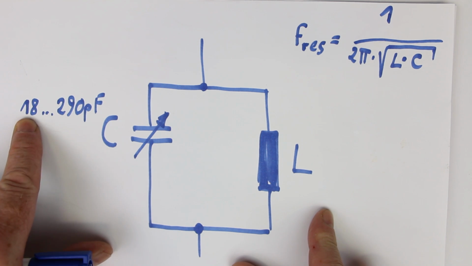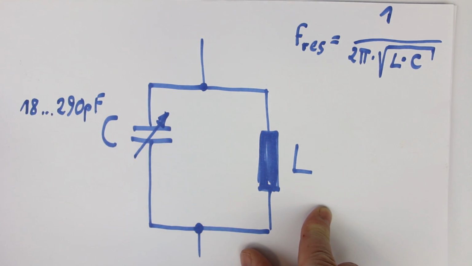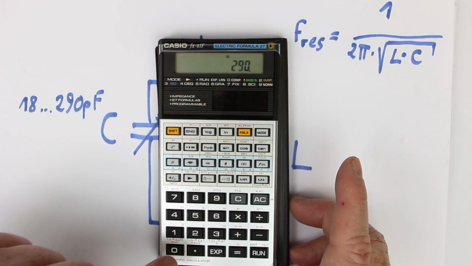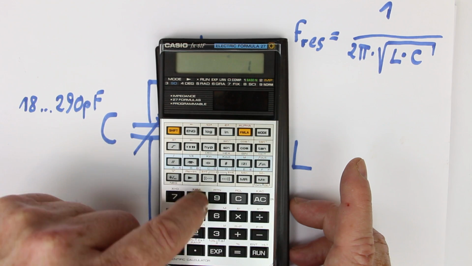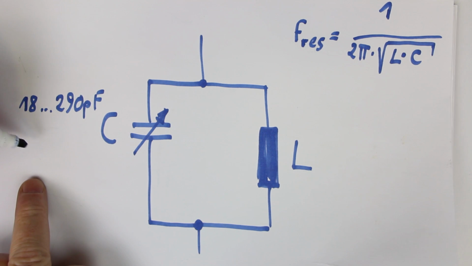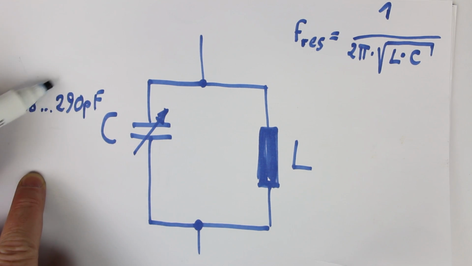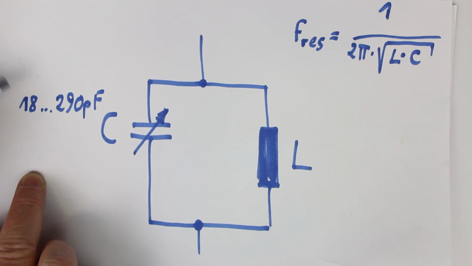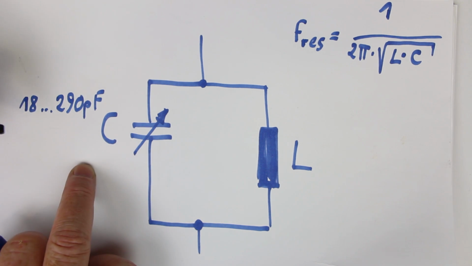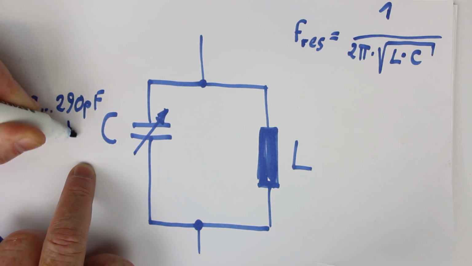We can already see what it gives here. It's 290 divided by 18. This gives us a factor of 16 in the ratio between the highest capacity and the lowest capacity we can reach with our demo variable capacitor. Let's call it a 1:16 ratio.